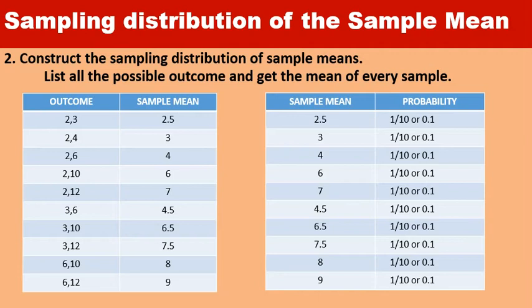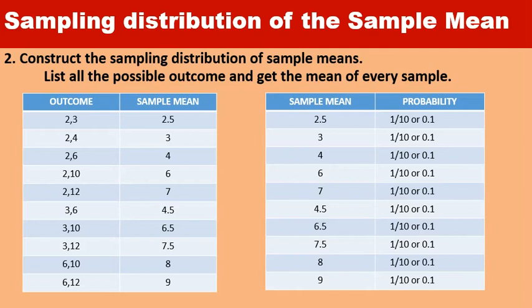Add 2 and 4, you get 6, and then divide by 2. The sample mean is 3. Next, 2 and 6, add them, and then you will have 8 and divide it by 2, you'll get 4. And so on.